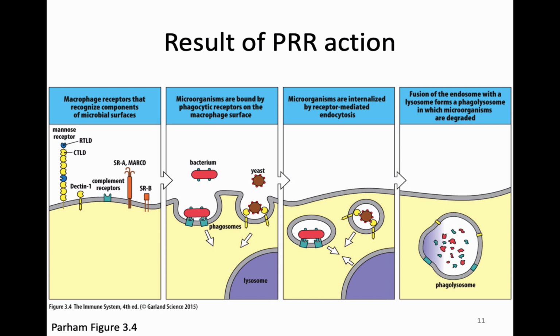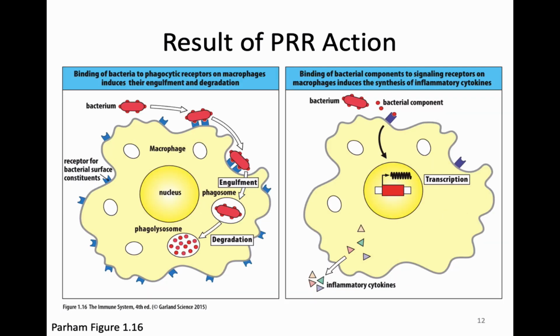So now that microbe will be internalized into a compartment inside the cell, and that microbe will be degraded. So one of the results of a microbe binding to a PRR is phagocytosis. You can see that same process of phagocytosis on the left-hand part of this slide, where we have a microbe binding to some sort of PRR, that microbe becoming engulfed and phagocytosed and then degraded inside of the cell.